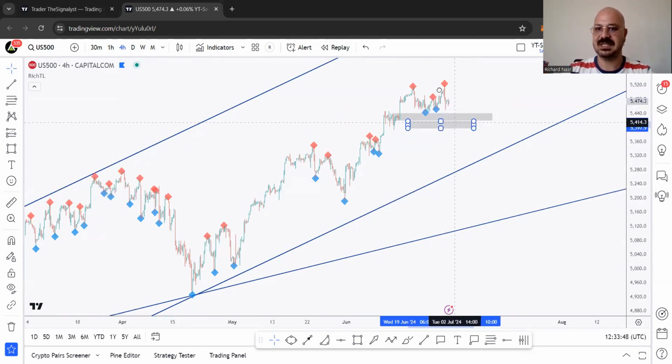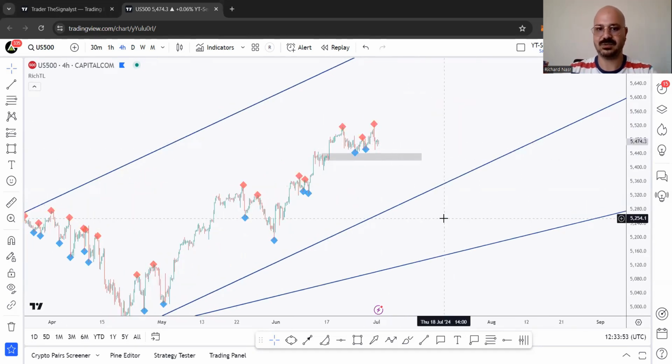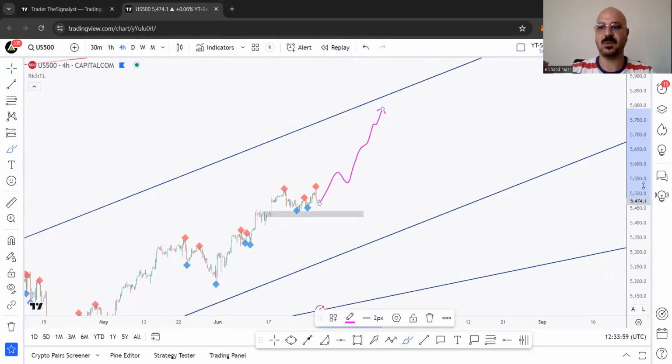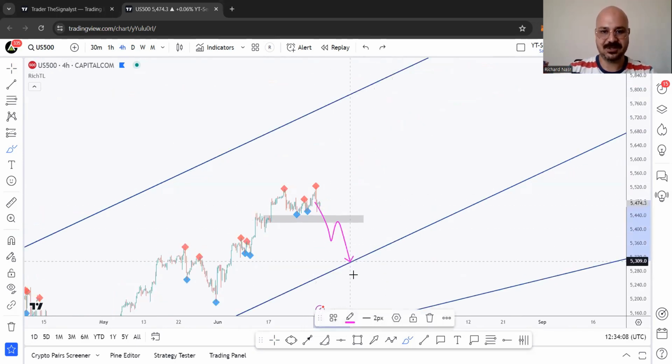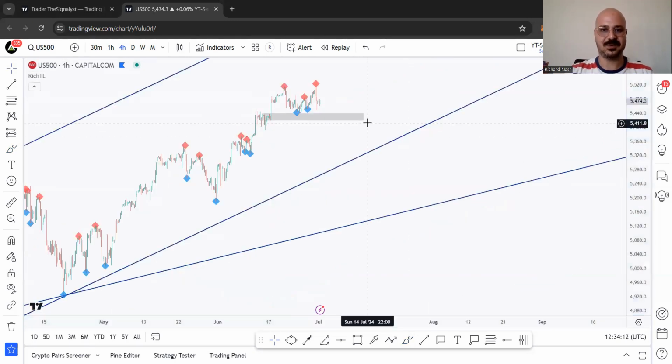If it's broken down, of course, we'll be expecting the correction to start towards this and this low. Meanwhile, we can still push higher and higher, as mentioned previously, towards the 5.9K and 6K, which are the upper bounds of the channel. Let's wait for it. Break this, correction starts. Meanwhile, we are bullish, expecting further bullish movement upward.